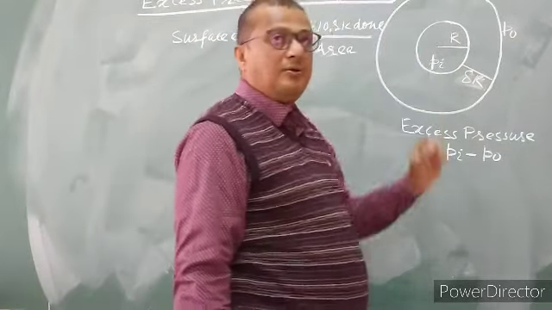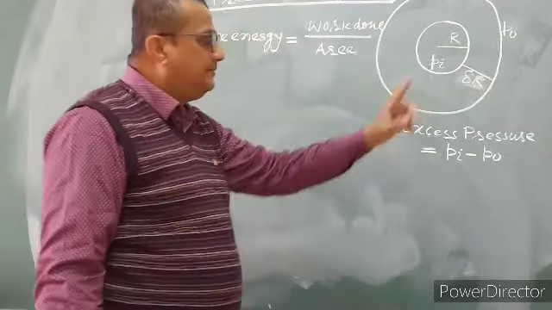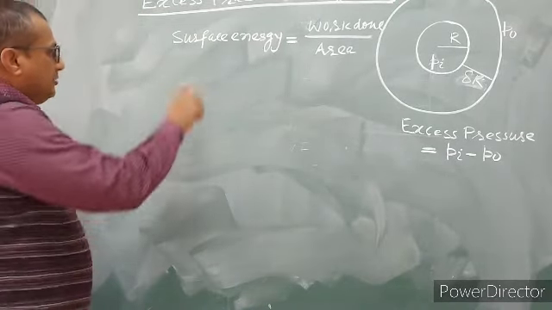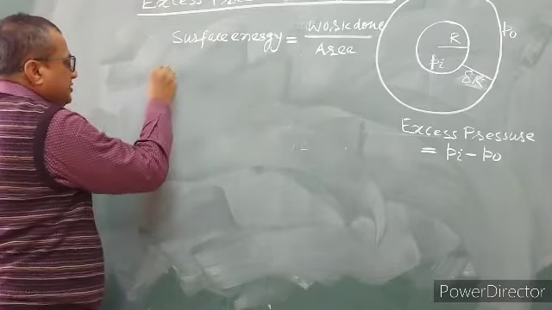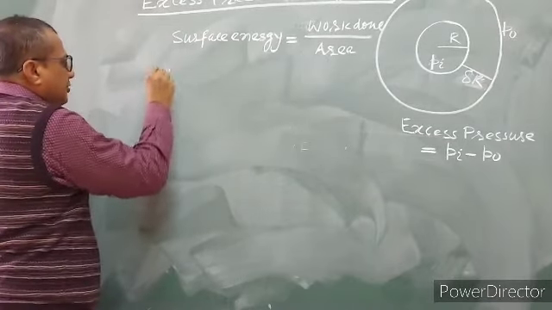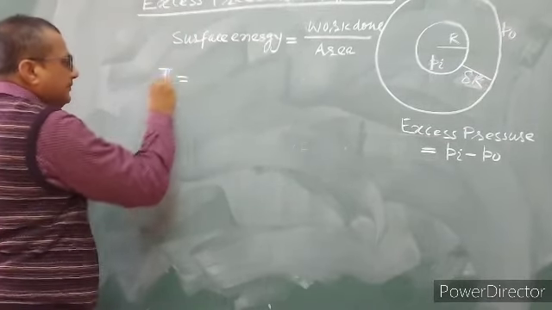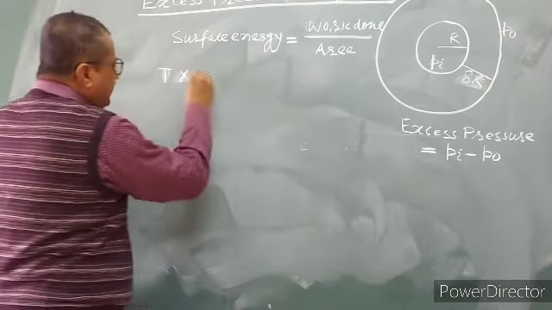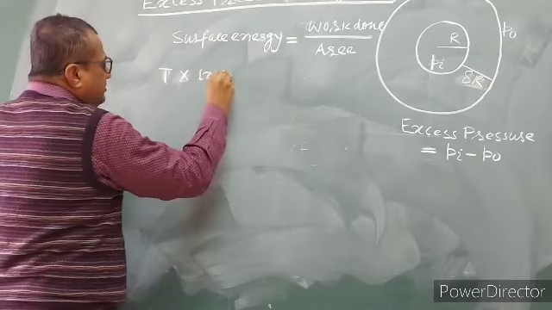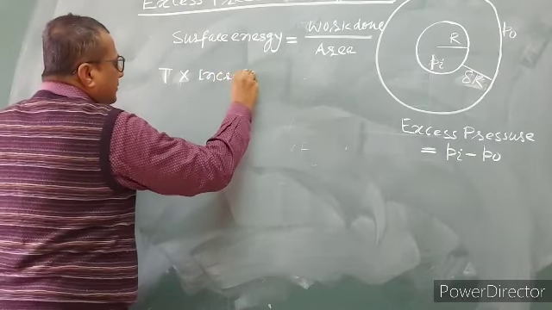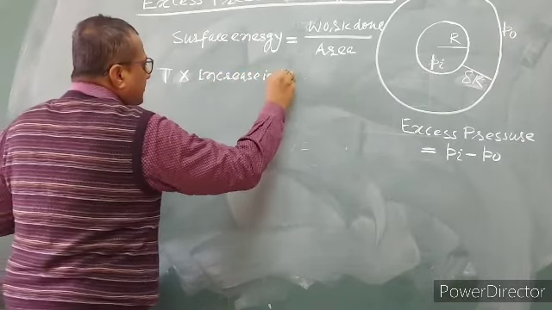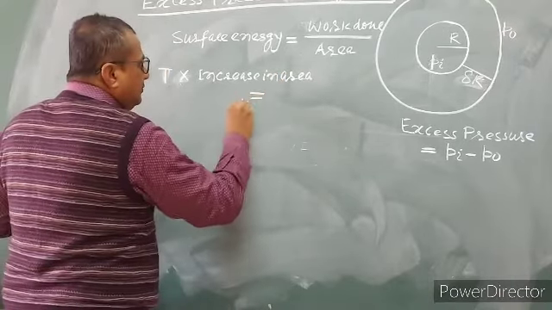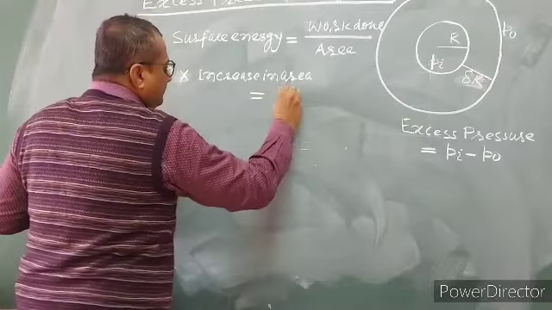This area is small and this area is big. Mathematically, surface energy equals surface tension into the increase in area, which is equal to work done.